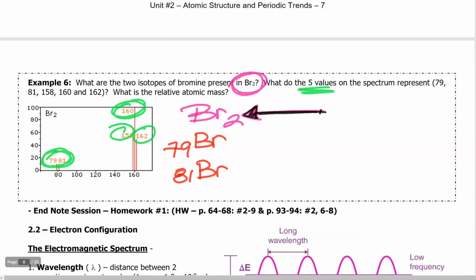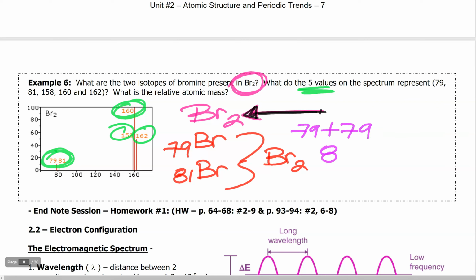They're not diatomic. But then the combinations you can create with the diatomics, there'd be 3 combinations. So there would be a 79 plus a 79. That's if you got two of the 79s to create a diatomic. So that's option 1.